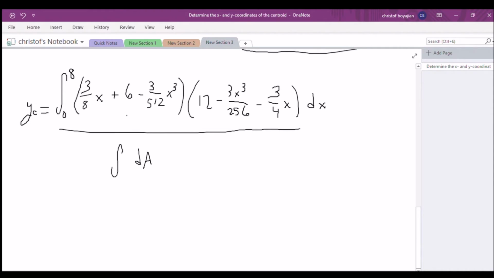So now if we go ahead and FOIL this out into all of our terms, it's going to be a long expression, but you can simplify like terms once you do all of that.